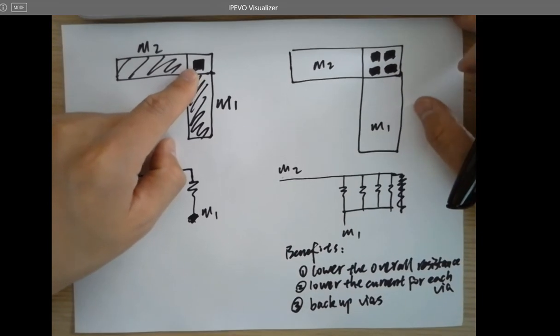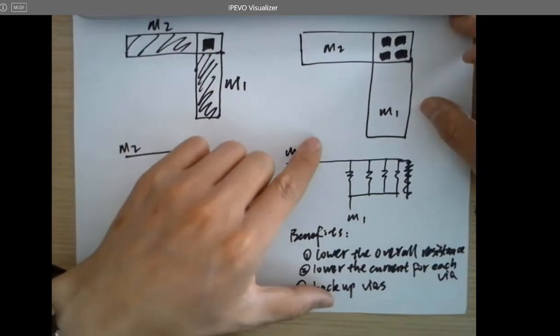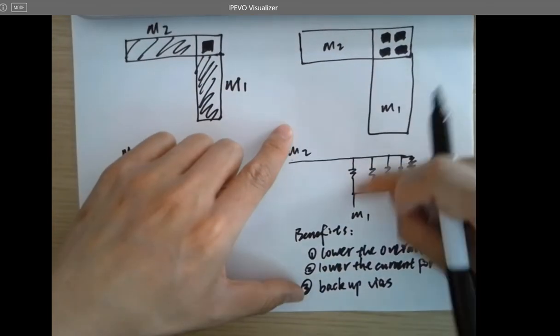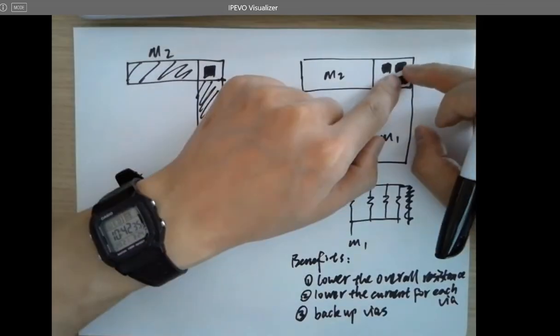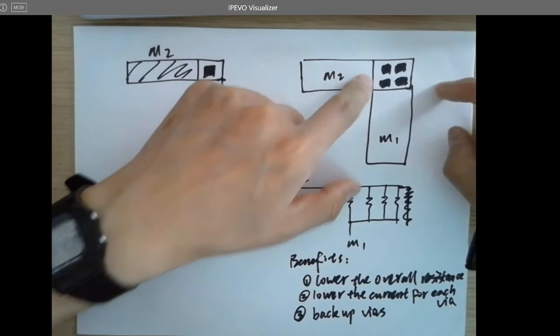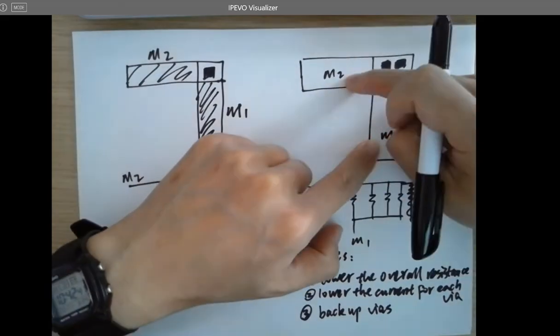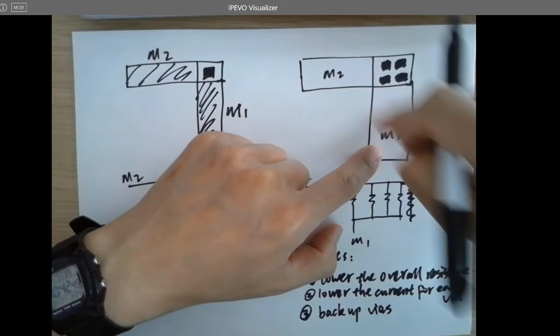It's not working anymore. So it's better to have multiple vias so you can reduce the amount of current flowing through every single via. And even if one of the vias is broken, you still have all the other vias conducting from metal 1 to metal 2. It still makes the connection between these 2 metal layers.